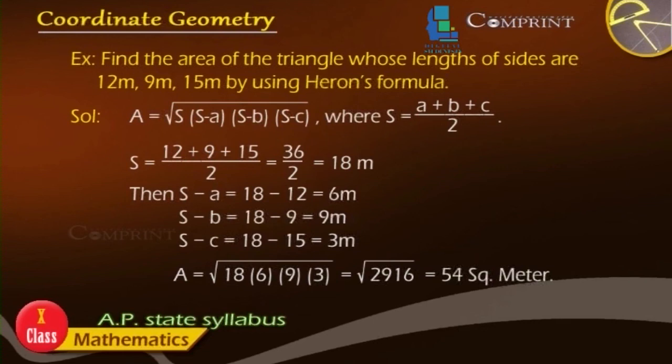Then s - a = 18 - 12 = 6 meters, s - b = 18 - 9 = 9 meters, s - c = 18 - 15 = 3 meters. A = square root of 18 into 6 into 9 into 3 = square root of 2916 = 54 square meters.